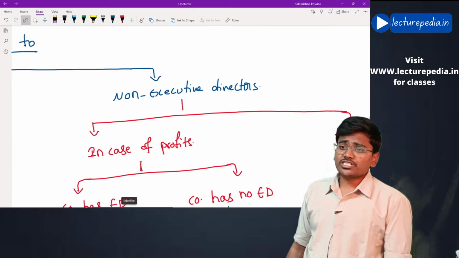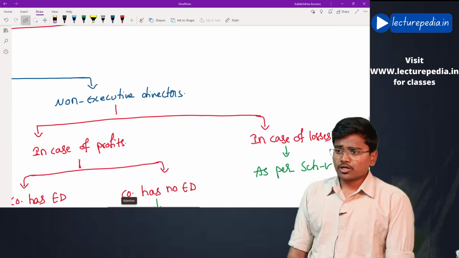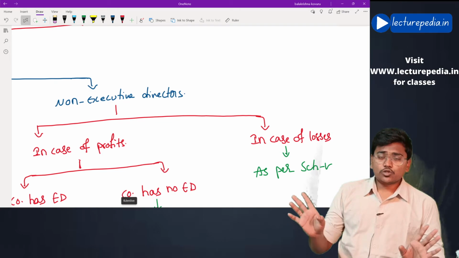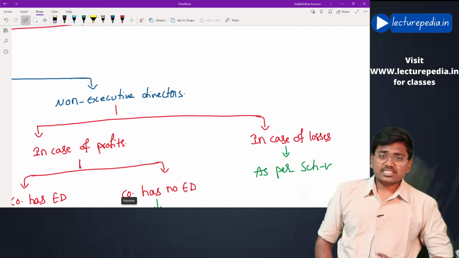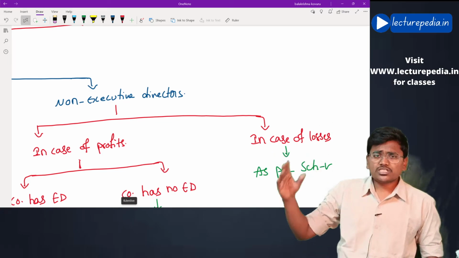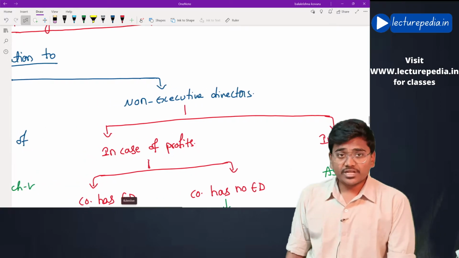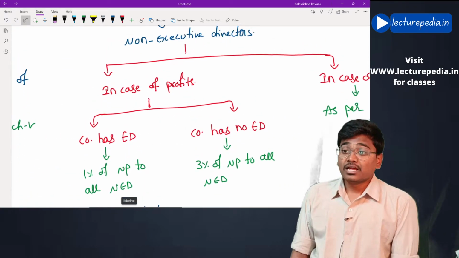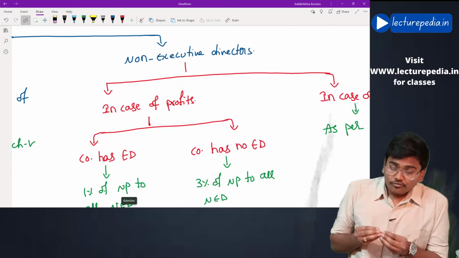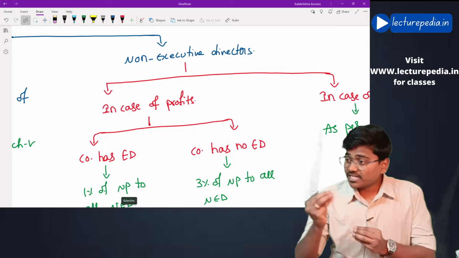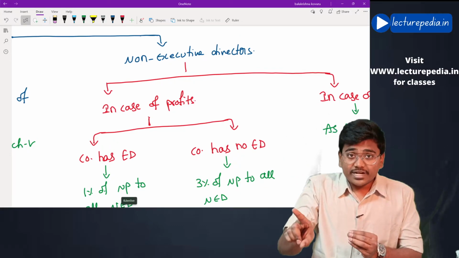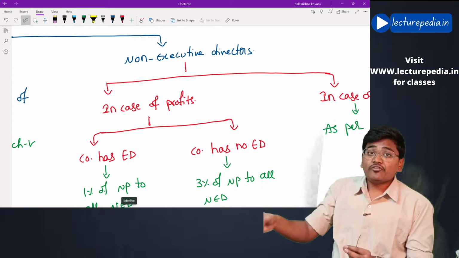Now remuneration payable to non-executive directors. Here also we will be dividing it into two parts. One is company is having profits, and the other is company is having losses or inadequate profits. If company is having profits, here also the amount of remuneration that is payable to non-executive directors will be dependent on the number of executive directors.